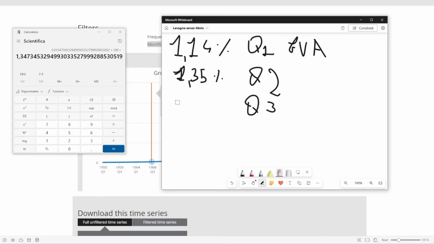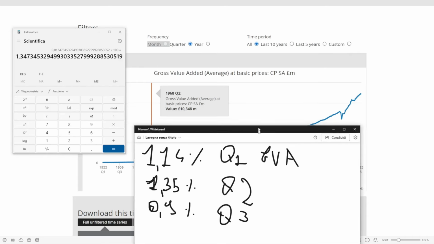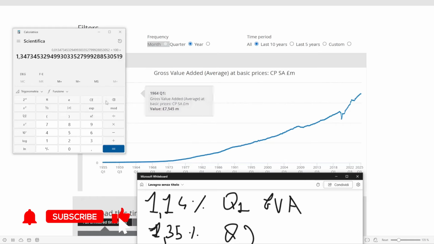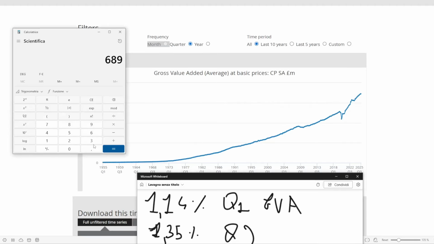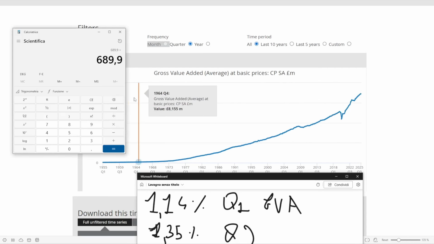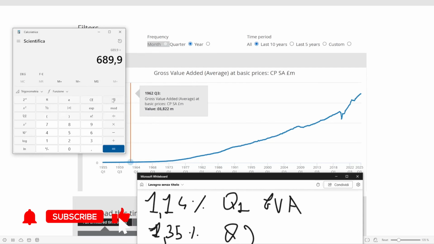I already know all the numbers because of my own research, but anyway, we will keep calculating. So here we have 689.8. Is there something happening to the calculator?